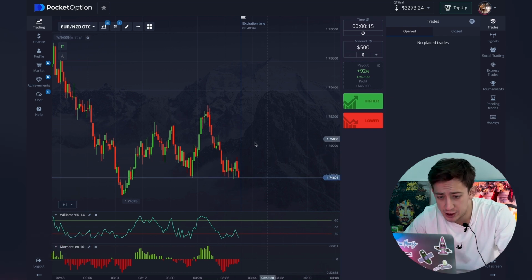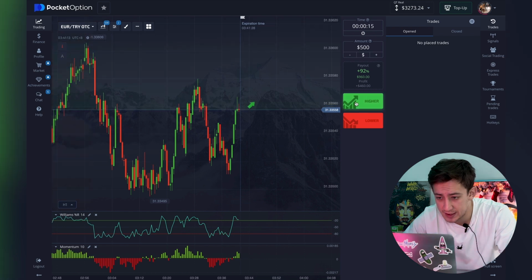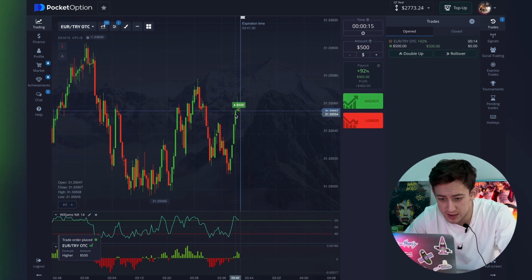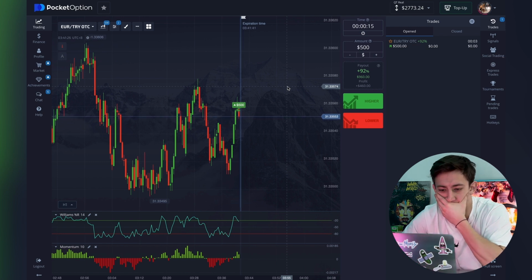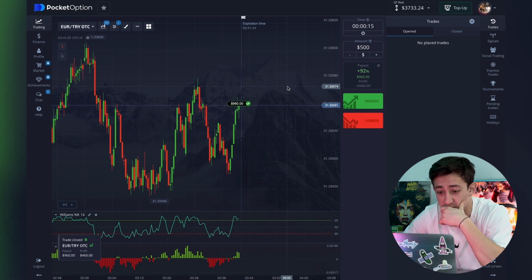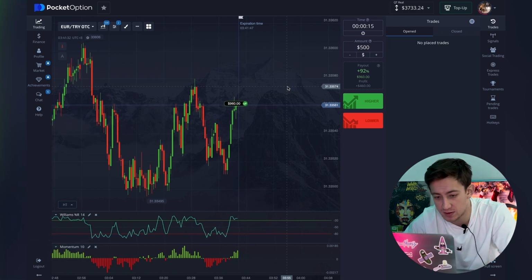Now let's change the chart again. The euro Turkish lira currency pair, indicators show a bearish trend. Enter an upward trade and expect a profit. Great, profit is gained as always, guys.